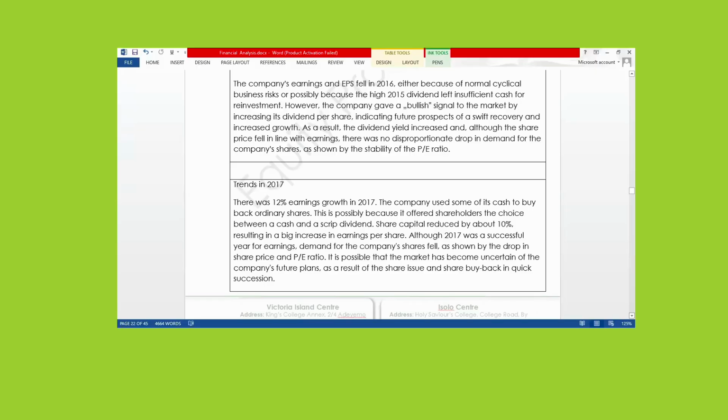Your scrip dividend is stock dividends. Share capital reduced by 10%, resulting in a big increase in earnings per share.